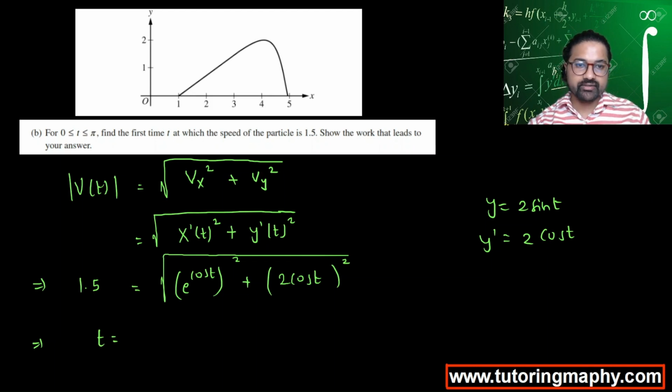I have ensured that it is in radian mode, my calculator, so I think I'm going to get the correct answer. All right, so the first time which I'm getting from here is 1.254, and I'm going to now pull that up so that you can also see.